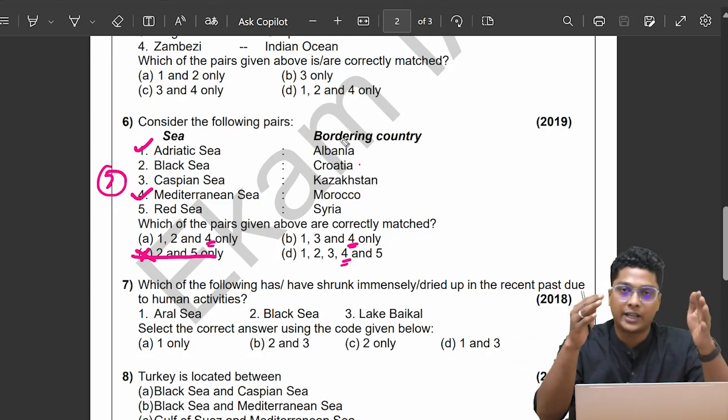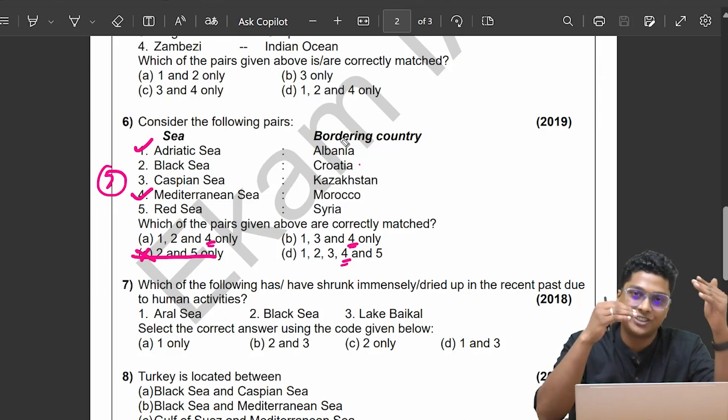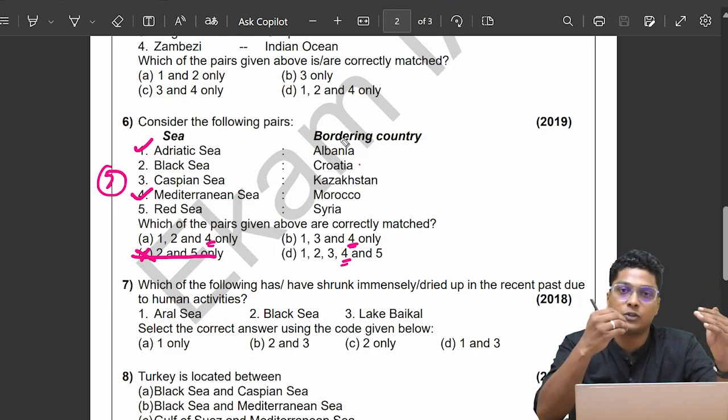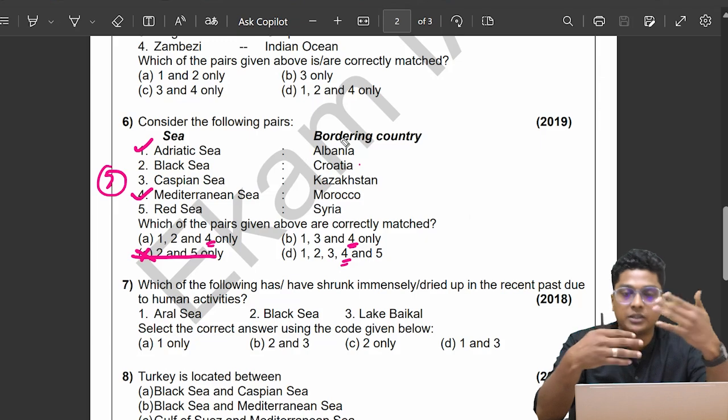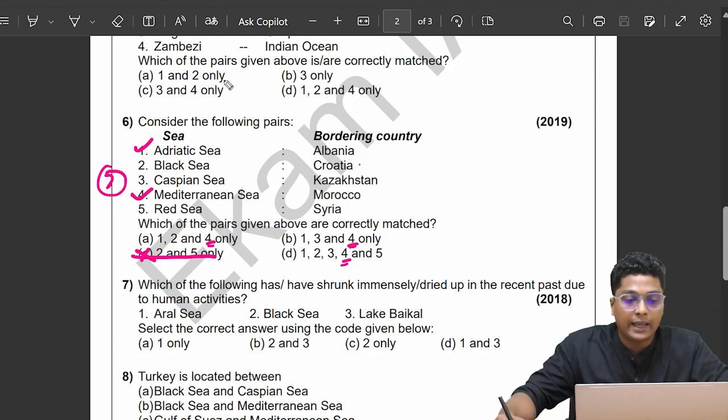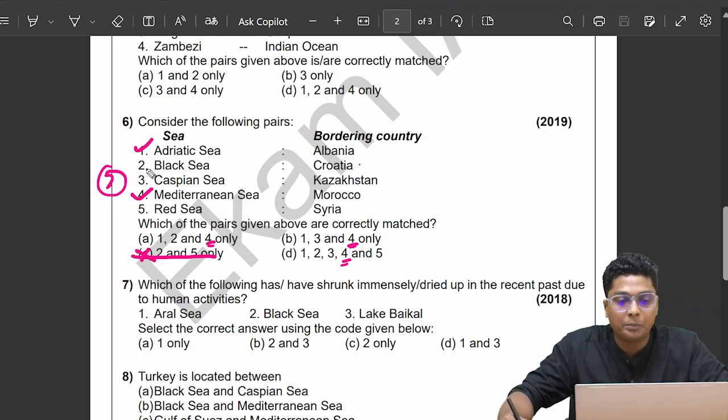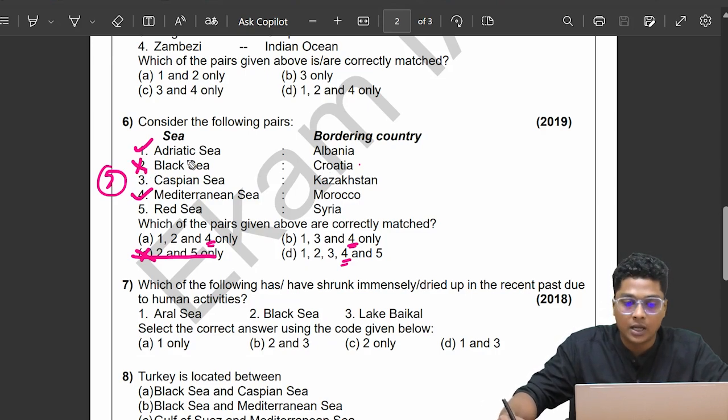Rather, Croatia shares a border with the Adriatic Sea. Just below Slovenia is Croatia, and they also have a dispute going on between them. Because of that knowledge, Black Sea, Croatia is not correct. Now, before reading the third option, coming back to the options, the ones with 2 cannot be right because 2 is there. This also cannot be right because 2 is there.